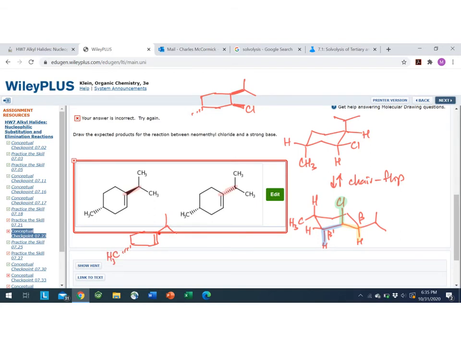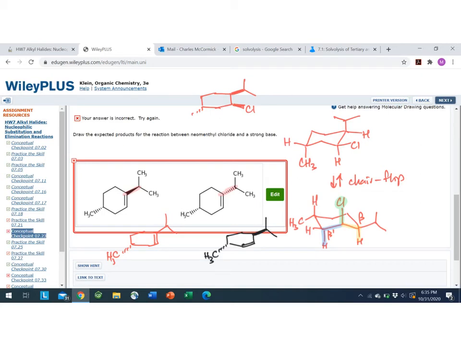You're keeping everything in the plane. So if we were to eliminate from here, then you would retain the stereochemistry of both of those stereogenic carbons. So the elimination is here. And so those would be the two products expected for this one.